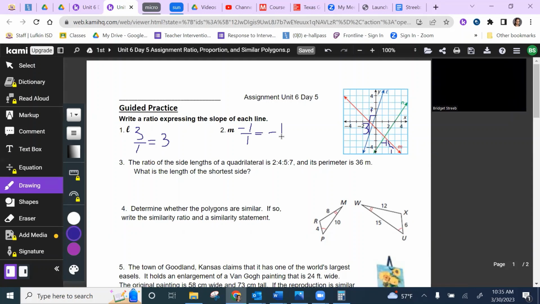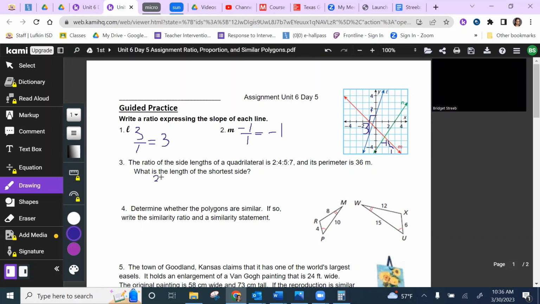Our next one, we want to find the ratio of the side lengths of a quadrilateral. That's 2 to 4 to 5 to 7. And its perimeter is 36 meters. What is the length of the shortest side? So this is just like the triangle one we did earlier. So I'm going to put x's behind each of these.